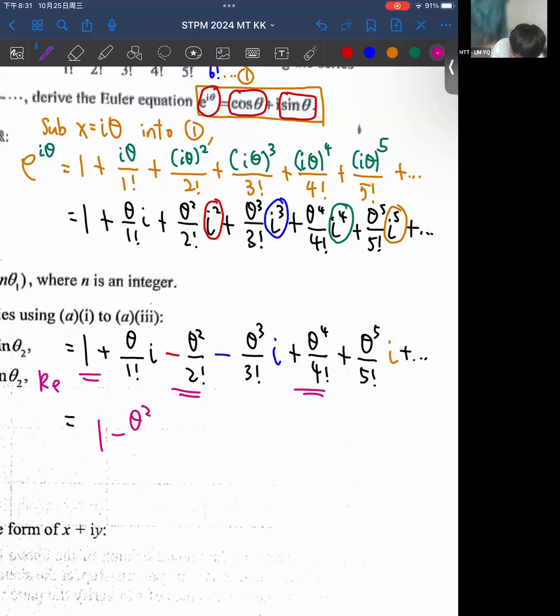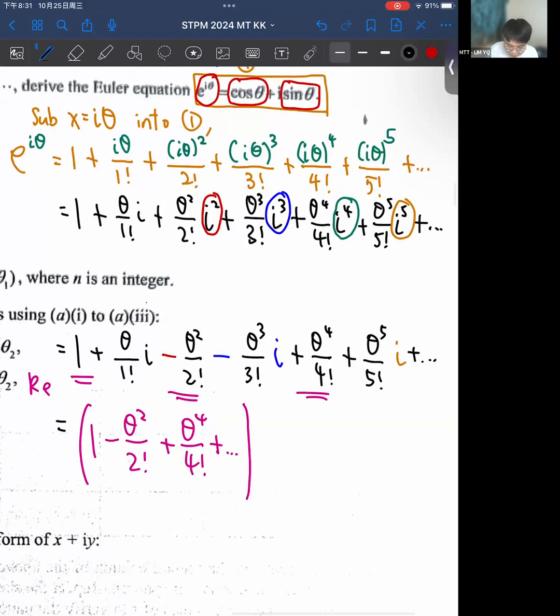1 minus theta squared over 2 factorial plus theta 4 over 4 factorial. Like this first. Leave a space. Here actually I want to put plus dot dot dot, because later you will see.